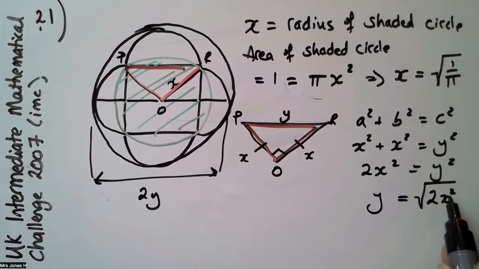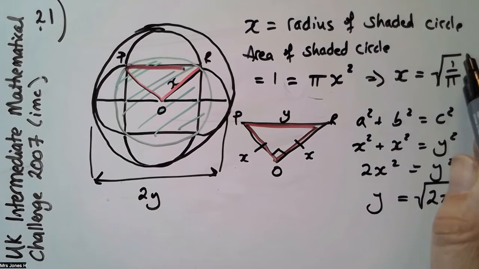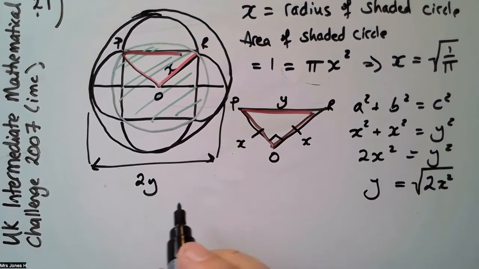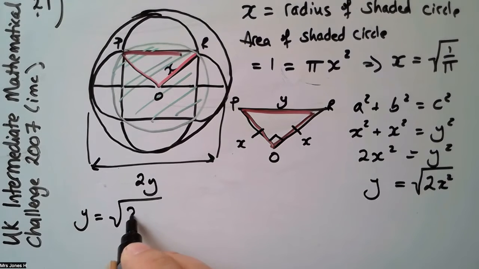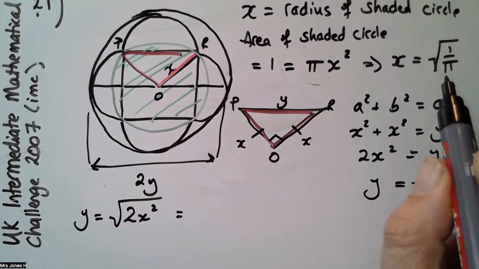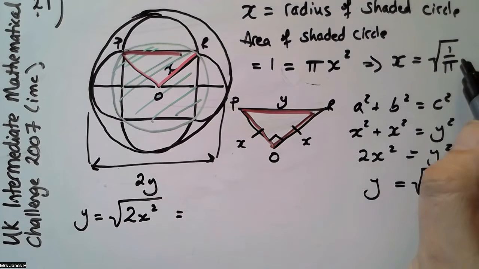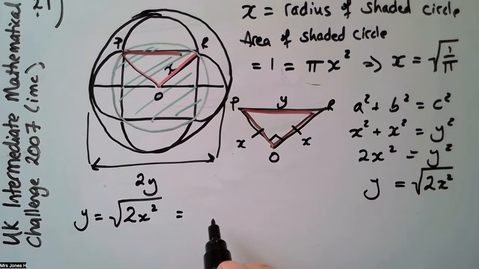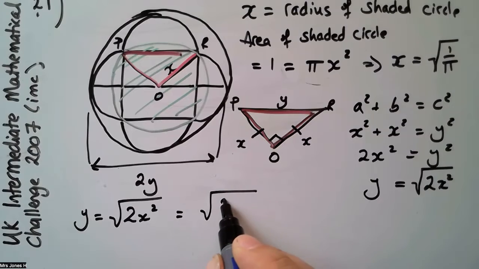Okay, so I've got this here. I'm now going to substitute in x as this. So I've got 2x squared, and then I'm going to substitute this in. So x squared will just be 1 over pi.